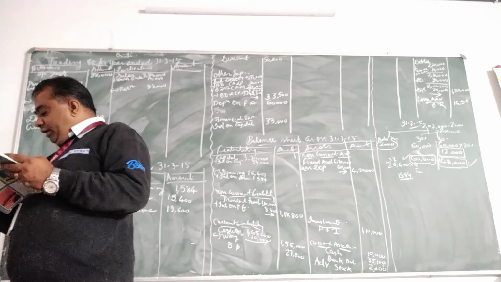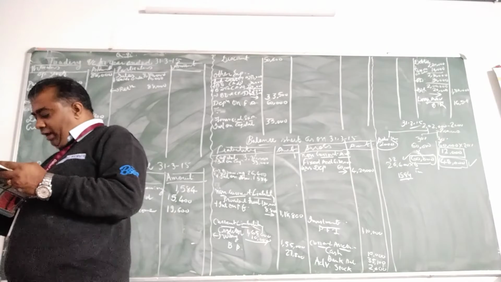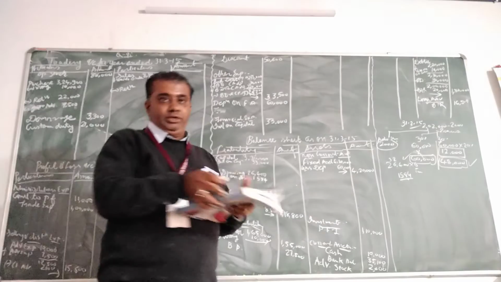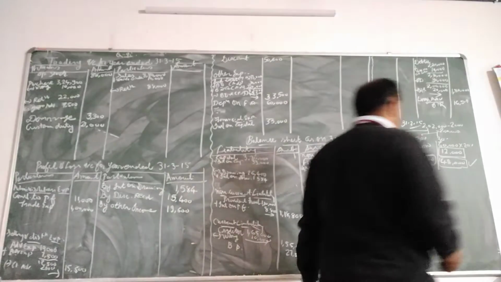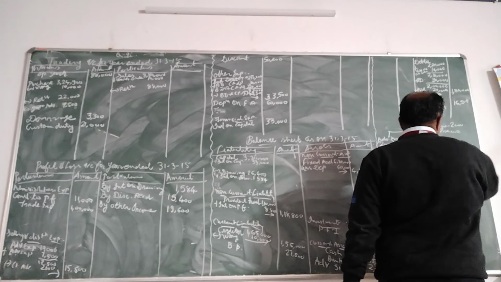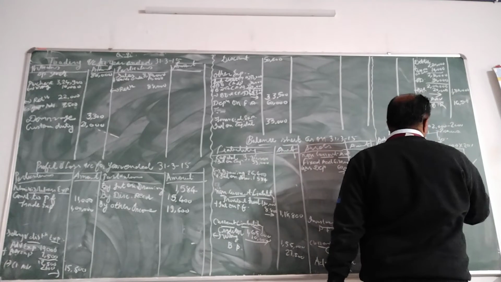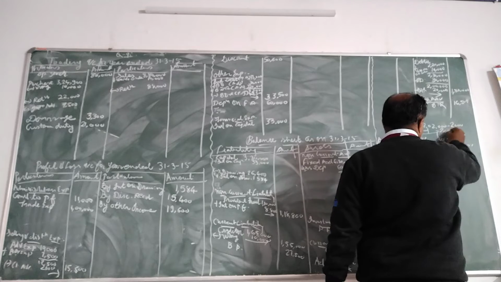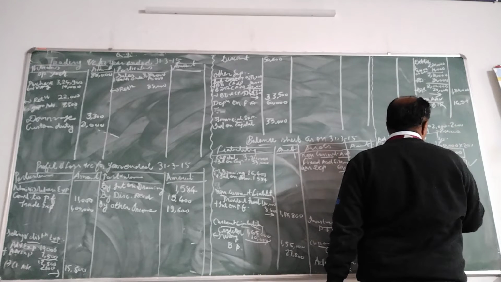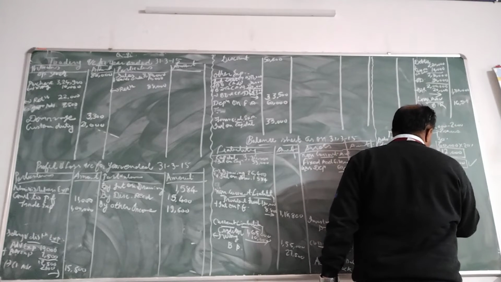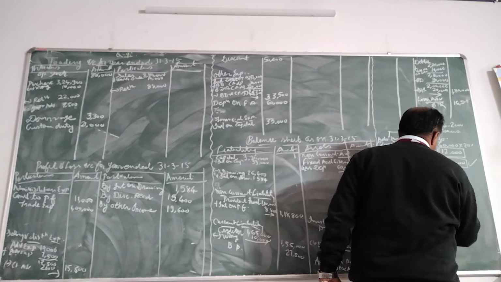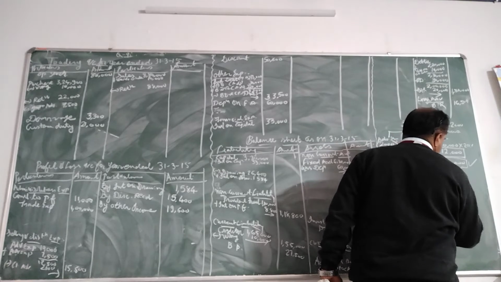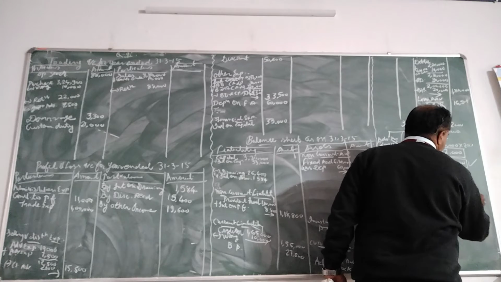And the remaining stock requires repairing expense of 5,000. Remaining stock: 60 plus 60 is 120, so 2 lakh minus 120 is 80,000 stock. It requires repairing expense of 5,000.